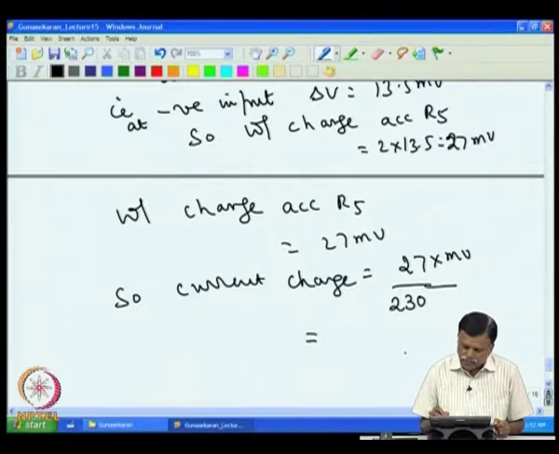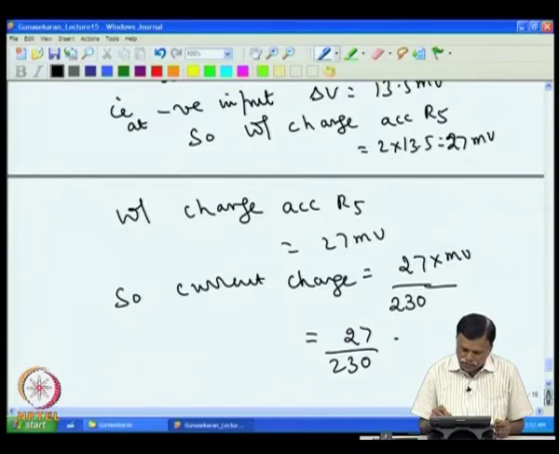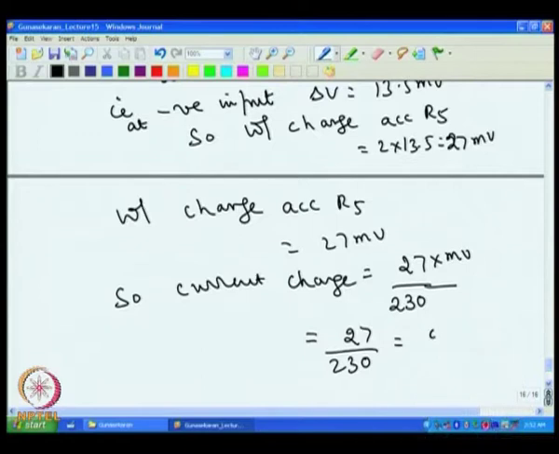If you calculate 27 by 230, I think it goes by 3, roughly it comes to about 0.08 milliamps.